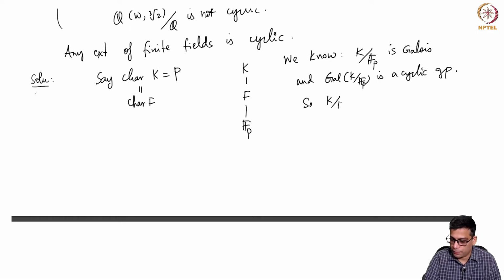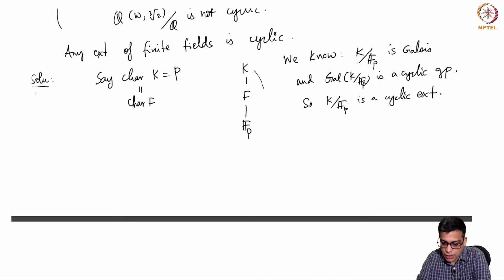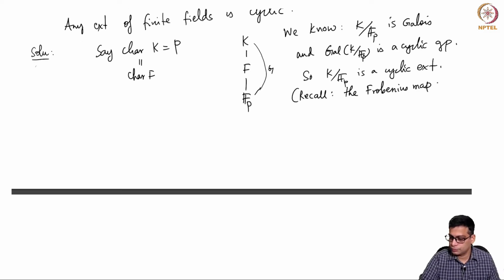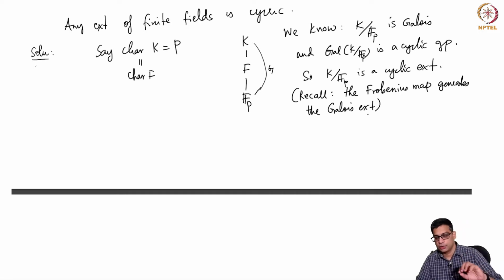So K over Fp is a cyclic extension. This is Galois, and that is because, recall that the Frobenius map generates the Galois group. In proving this, in fact, we also proved that it is a Galois extension because the Frobenius map will have the right order.